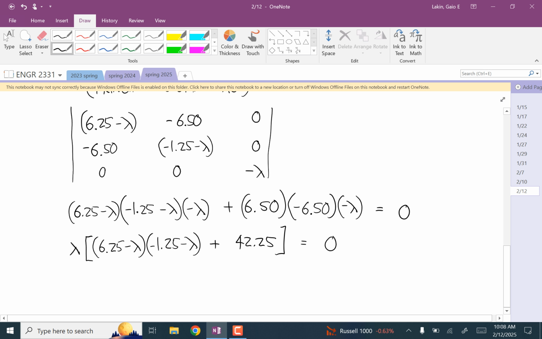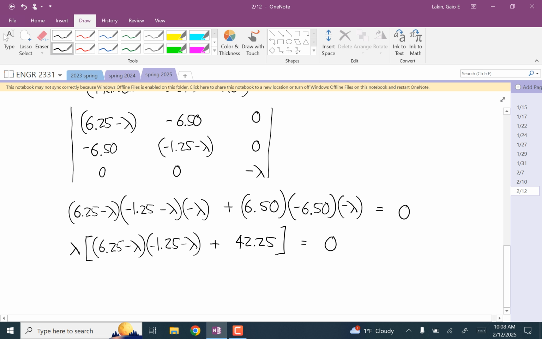is equal to 0. Would it have to be negative lambda? Yes. So this should be, I think I already accounted for it. Or I guess maybe you could just multiply the whole thing by negative 1 and it doesn't matter, right? That's true. I think I messed up the negative in both of these, so it works out fine.